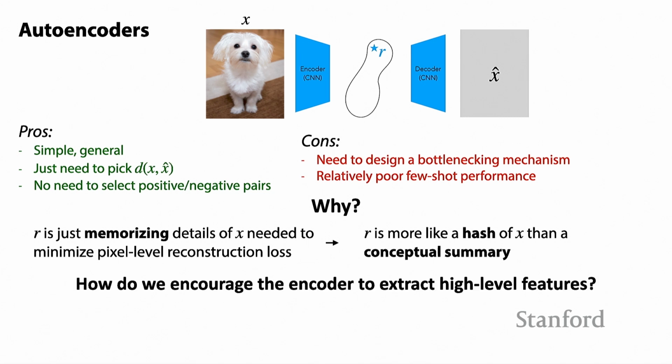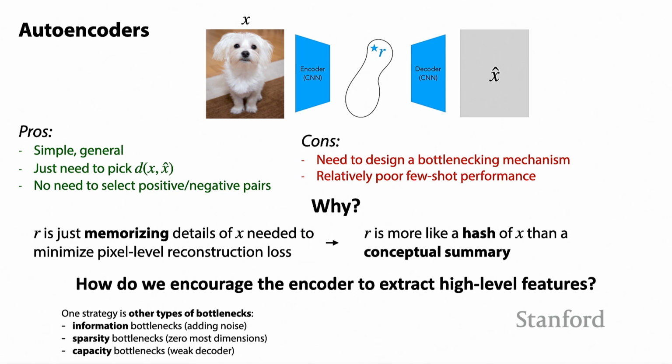So how do we encourage the encoder to extract these high-level reusable features? One strategy that people use is just other types of bottlenecks. We can bottleneck our representation in many ways. We can use information bottlenecks that essentially add noise to the representation. We can use sparsity bottlenecks that constrain the number of dimensions that can be non-zero. We can also use capacity bottlenecks to force the decoder to be relatively weak so that the representation needs to be easy to decode.